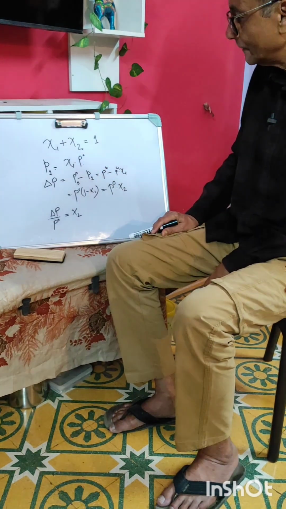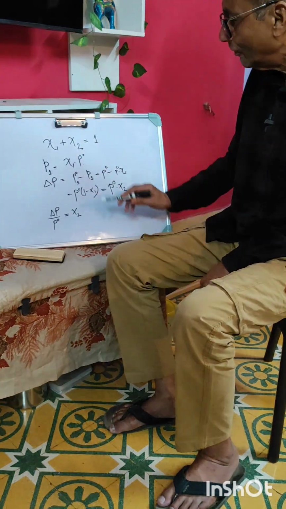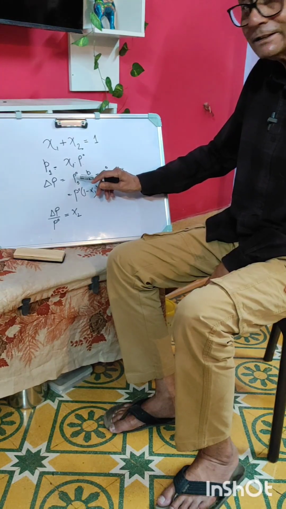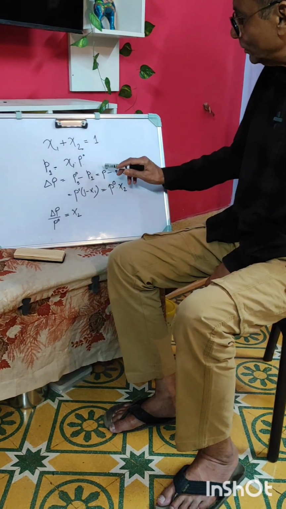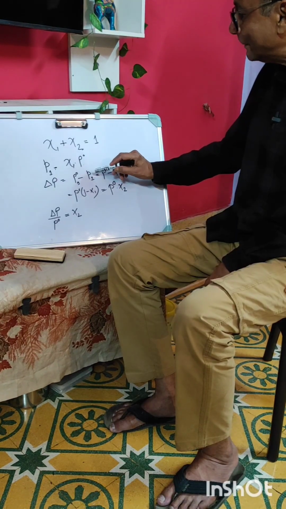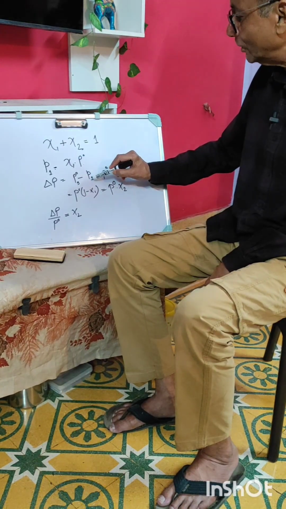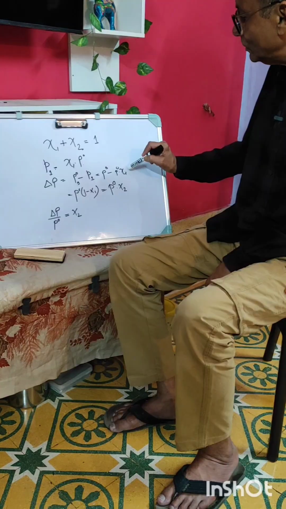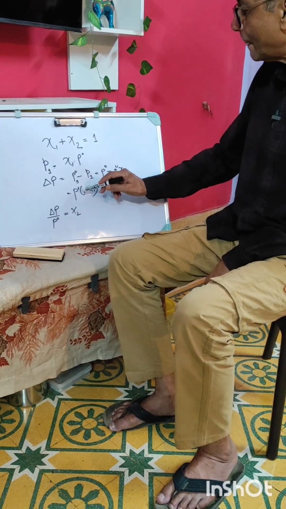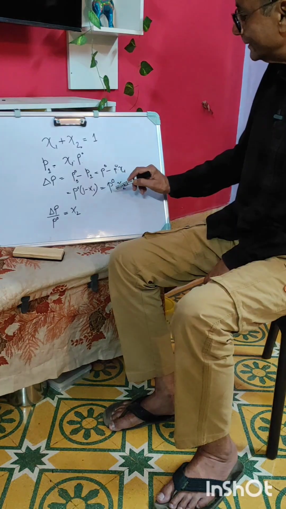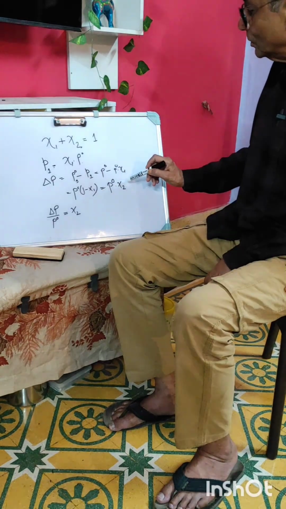And what is delta P? Obviously, pure solvent pressure minus solution pressure. That is equal to P0 minus P0 into Chi1. Taking P0 constant common, P0 into 1 minus Chi1 is equal to P0 into Chi2.